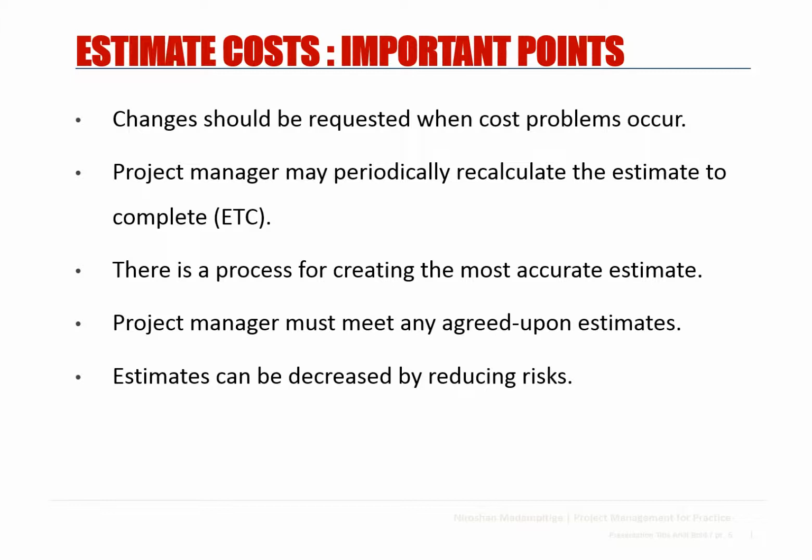Estimates can be decreased by reducing risks, because if there are risks associated with the activity, those risks include time and cost reserves in order to accommodate them when they occur. And if you can eliminate the risks associated with the activities, you might be able to reduce the estimate of each activity respectively.